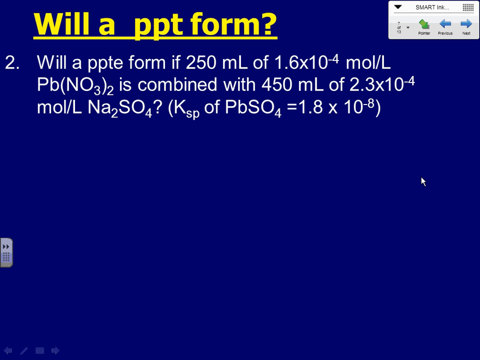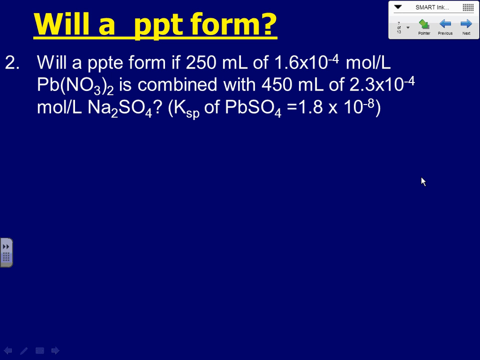Now, if I'm really mean, and maybe some university courses would be, they wouldn't give you the KSP, they'd just give you a table and make you figure out which one we should be calculating for. What we're essentially doing is a double displacement reaction, and we've got to figure out which product will most likely form a precipitate.